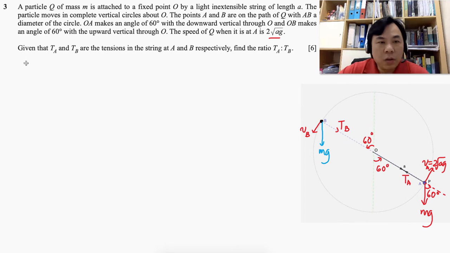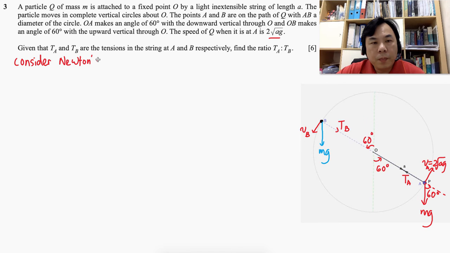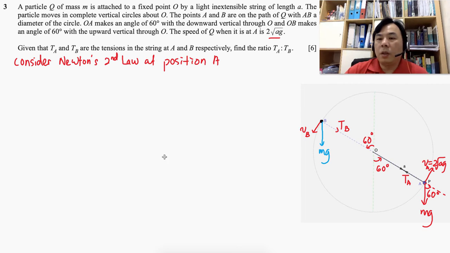Now I'm going to consider Newton's second law at position A. The resultant force is equal to mv² over a, because the radius is given by a.